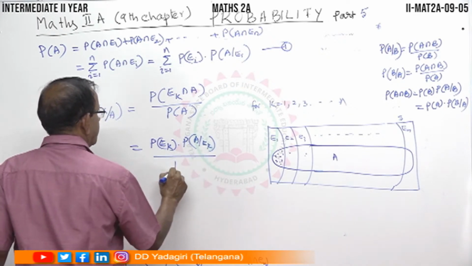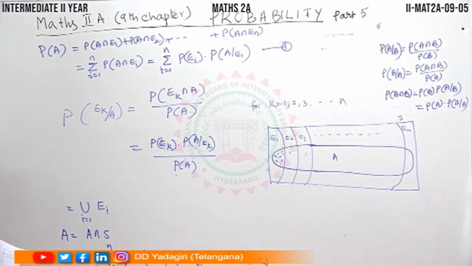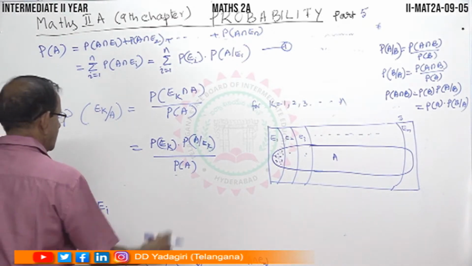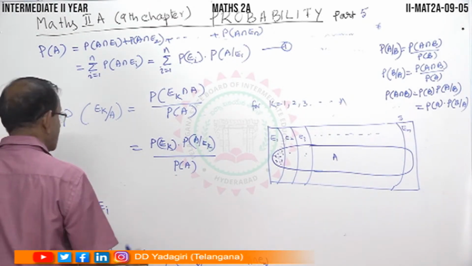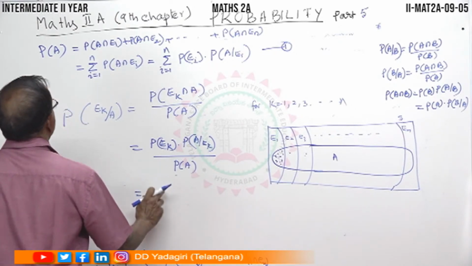By P of A. Now this is equal to, but what is the P of A value?